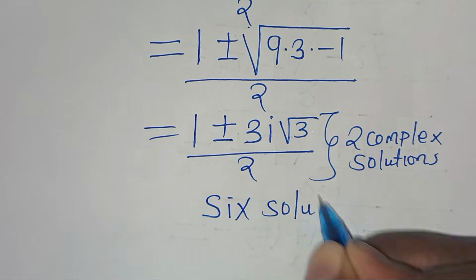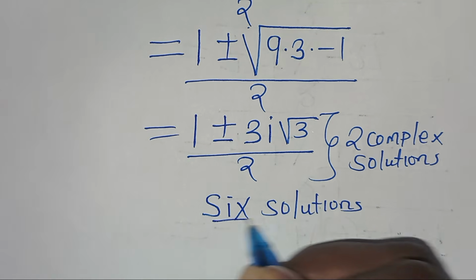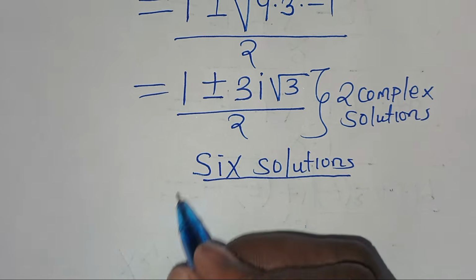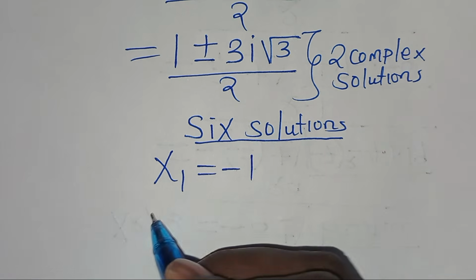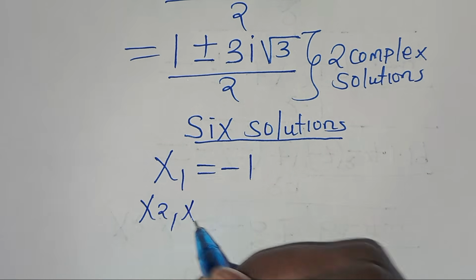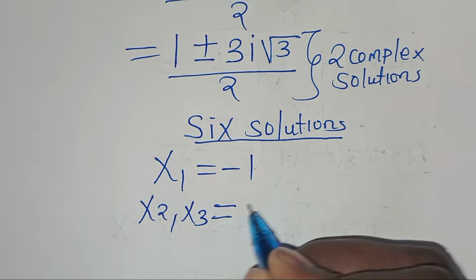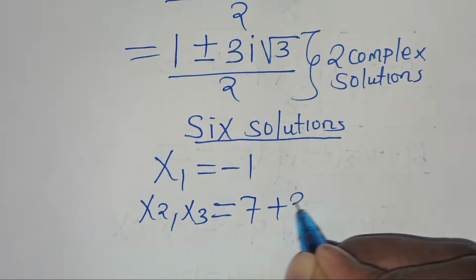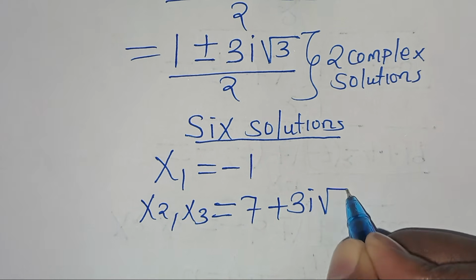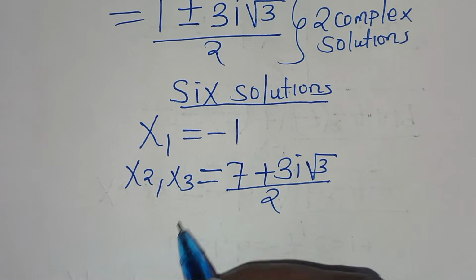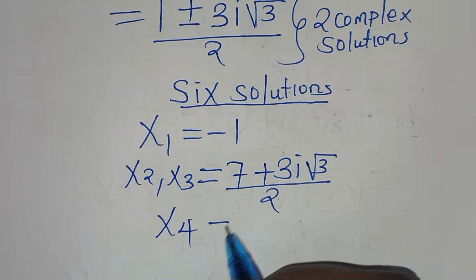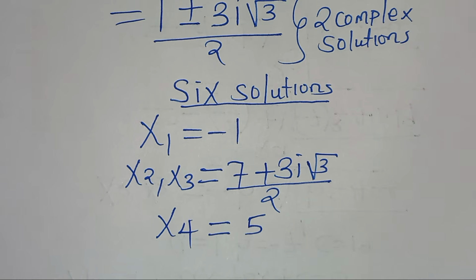We have 6 solutions. Now that is x1 is equal to minus 1. We have x2, x3, this is equal to 7 plus or minus 3i square root of 3 divided by 2. And we have that x4 is equal to 5.